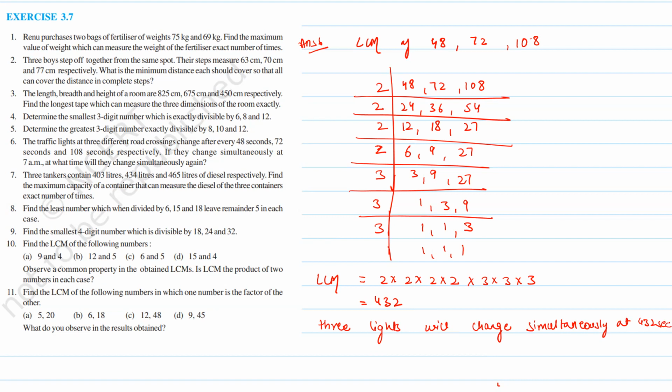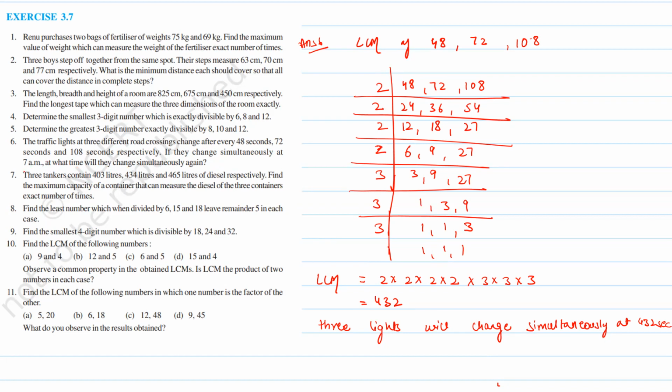Or if you want to convert it into minutes, at what time will they change simultaneously again? You have to tell the time, so you have to find the minutes.